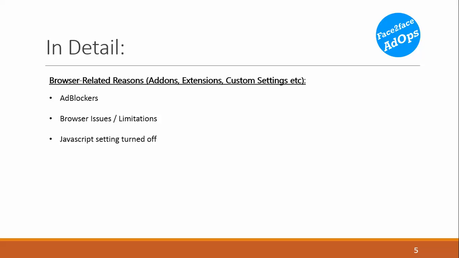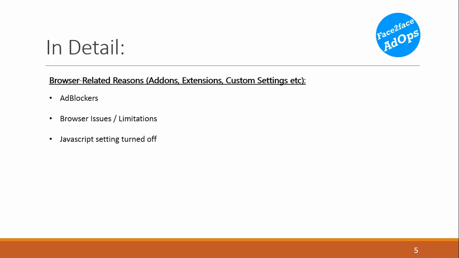Browser issues or limitations. If you're using old browsers, like Firefox 13 or 14, those are really old, and you might have issues related to discrepancies, because not all old browsers are capable of showcasing the new advanced ad metrics, or the video executions or ad executions which we run nowadays.